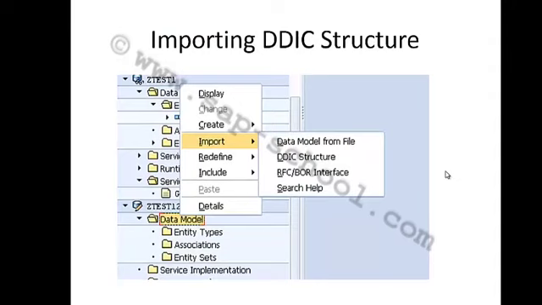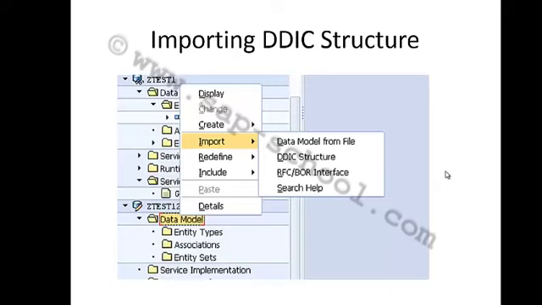Basically, to reduce the time required to create the complex types and the entity types in our data model, SAP NetWeaver Gateway Service Builder provides us the import DDIC structure function, with which we can import an existing ABAP structure and reuse this data to create new complex types and entity types with ease. What that means is that using this option we can use the already existing ABAP structures.